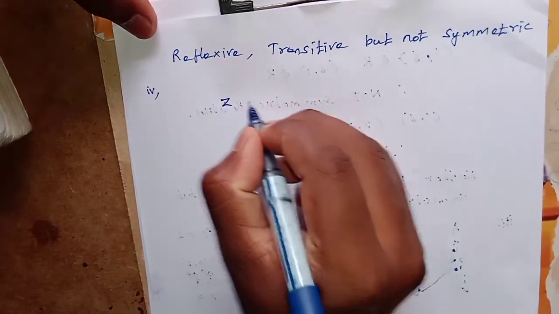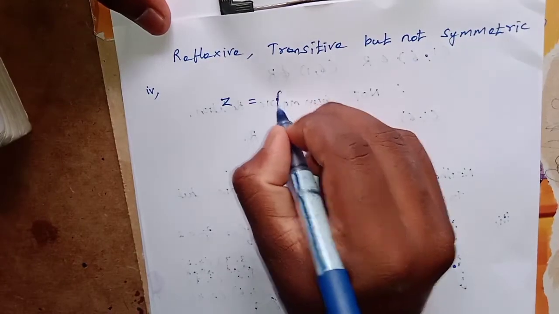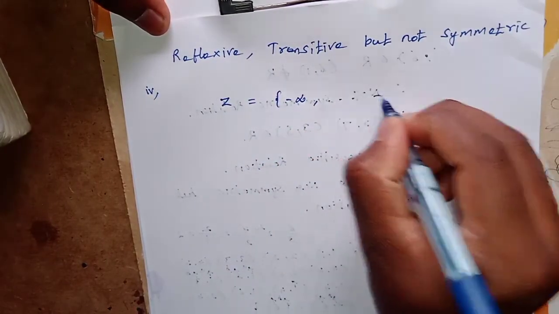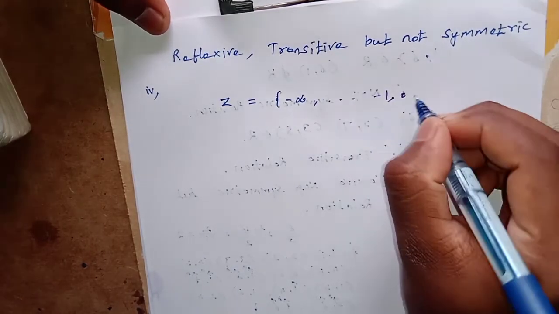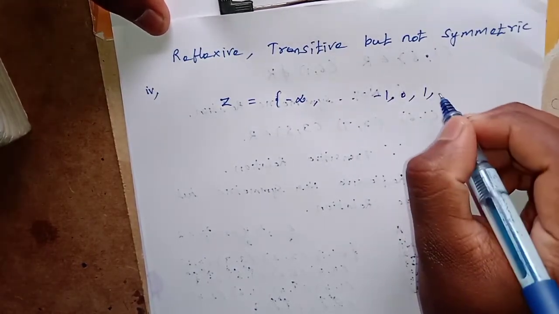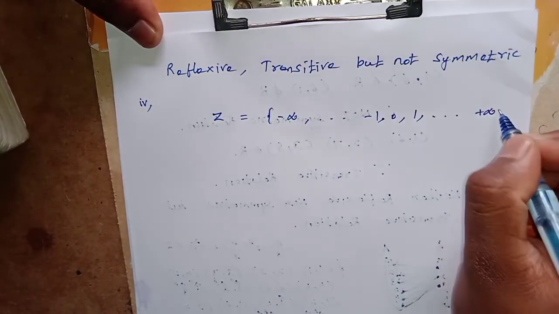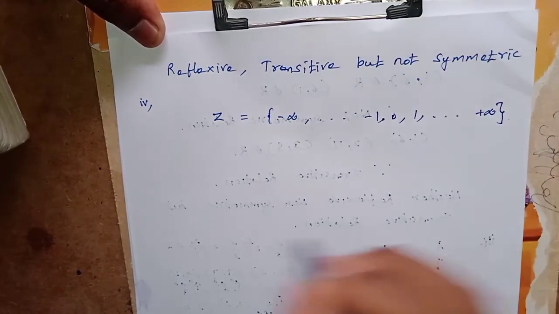Z equal to minus infinity, minus 1, 0, 1 up to plus infinity.